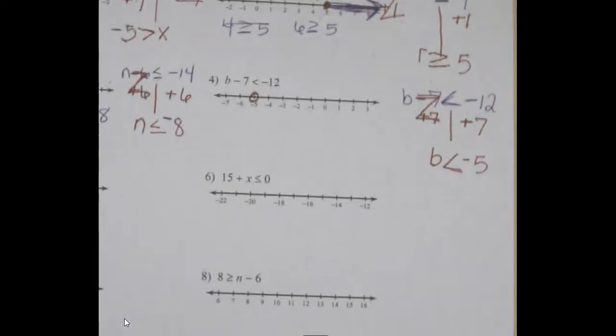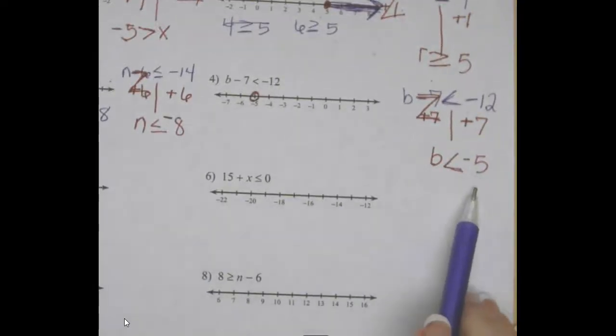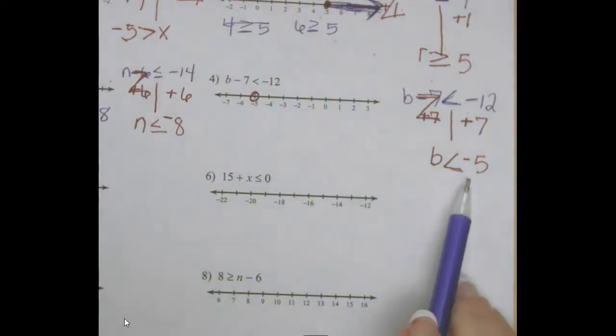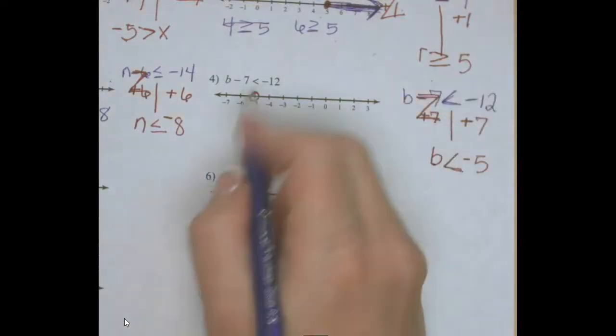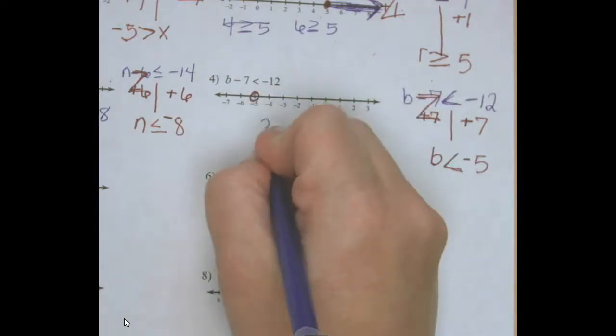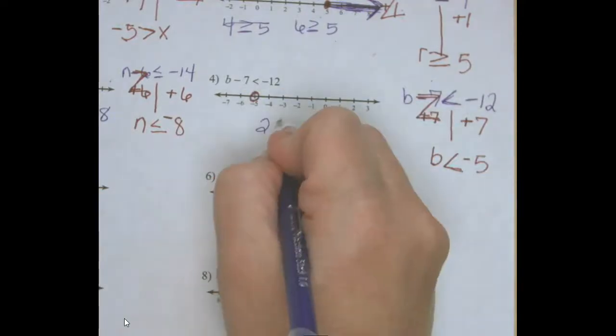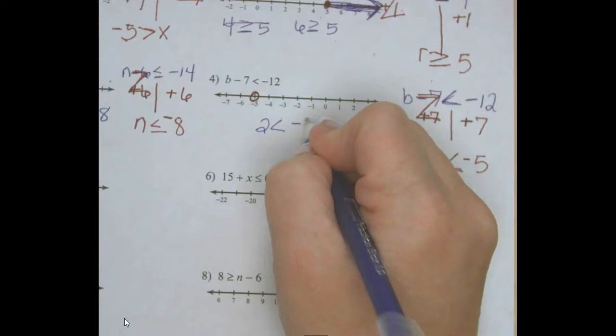So let's check each side. This is saying negative 5 is my biggest number. So is 2 less than negative 5?